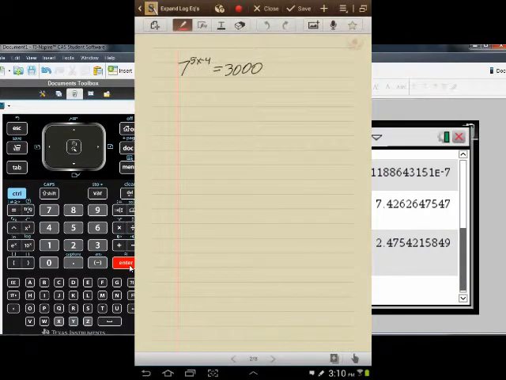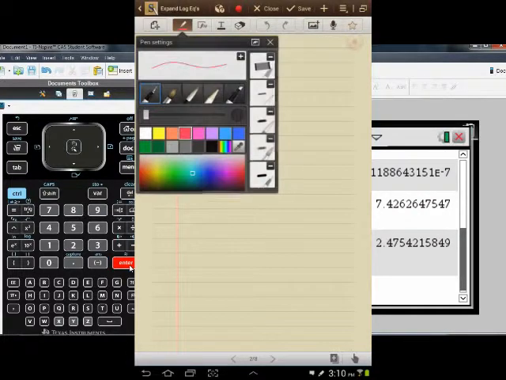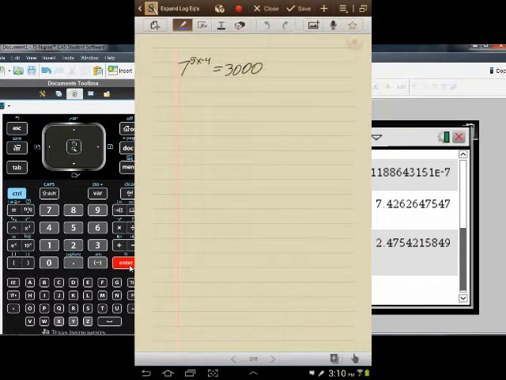Another example: 7 to the 5x minus 4 power equals 3,000. Again, x is in the exponent. This is an exponential, so we need to write it as a logarithm. Log base 7, because I have the same base as the original, of the number 3,000 equals the exponent 5x minus 4.